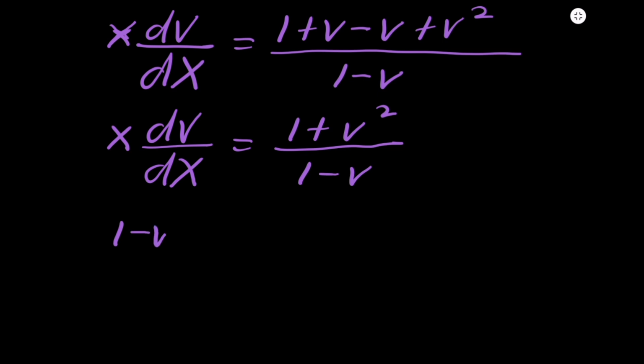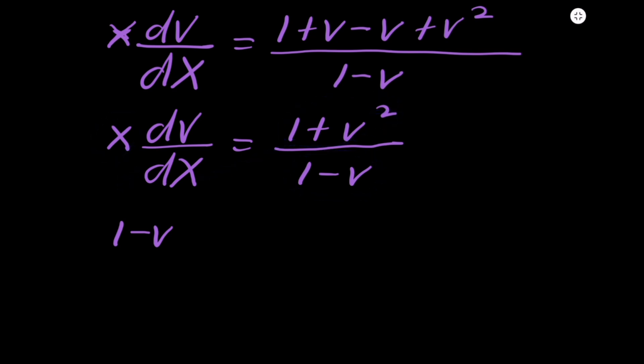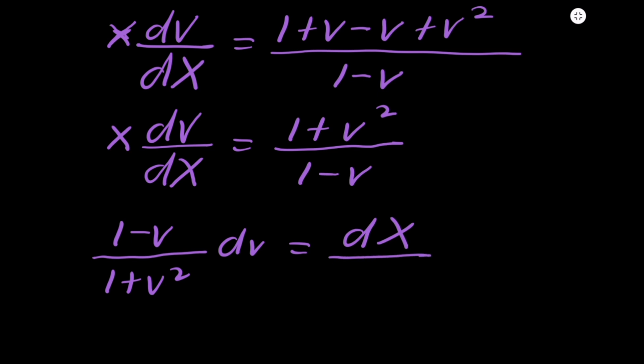So (1 - v) times dv, okay? Just cross multiply, interchange this X and then this (1 - v), and then dX here. So (1 - v) over (1 + v squared) dv equals dX over X, right?